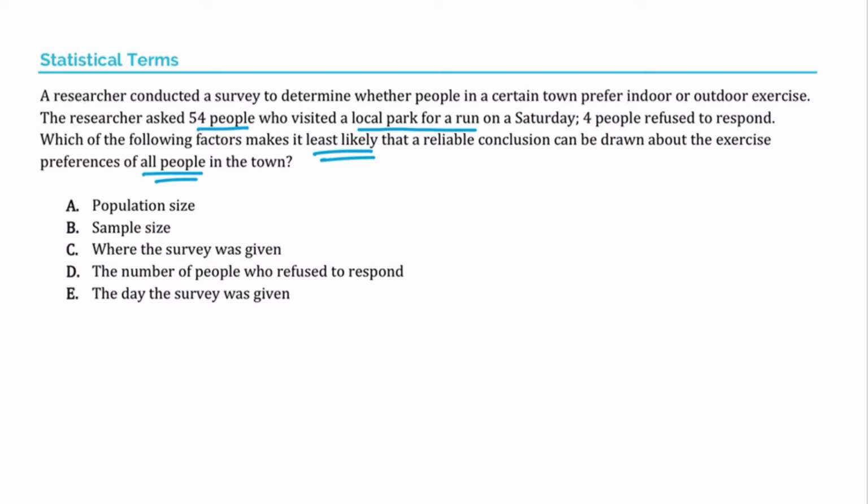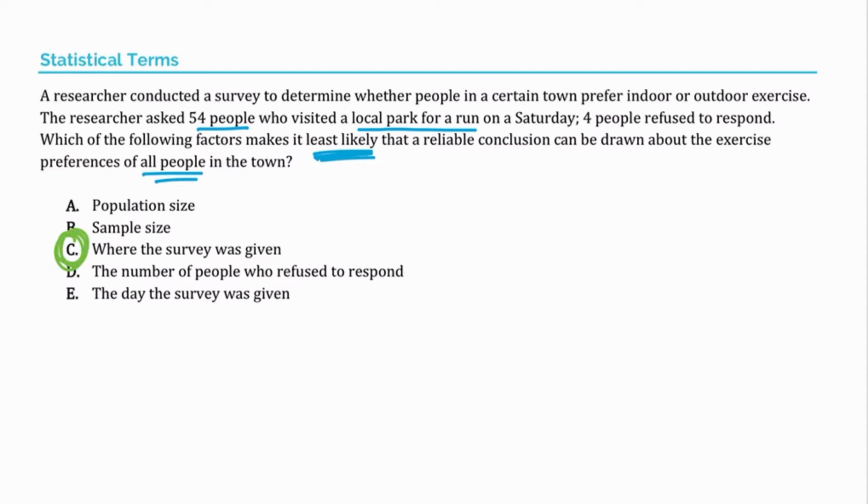We have a huge amount of bias in this sampling method of going to a park to ask people if they enjoy exercising outside. So what factor makes it the least likely? Well, it's the one where we did not have random selection. And so the problem is where the survey was given.